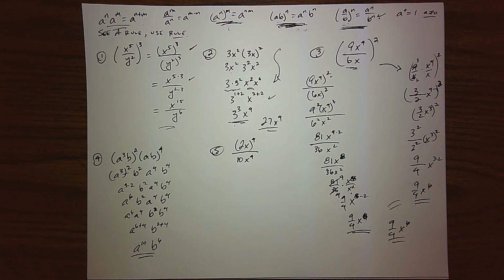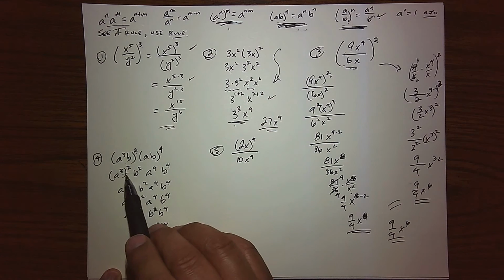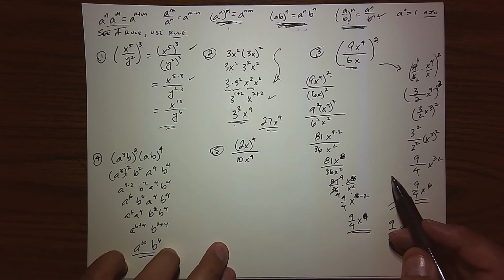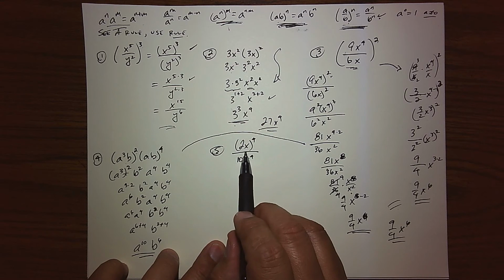All right, so that one was pretty wild. We started off with the product rule a couple times, ended up using the power of a power rule, and then rearranged and was able to use our product rule. Last one, right? It's getting a little messy here. So first thing I see is I have an exponent being applied to the top.